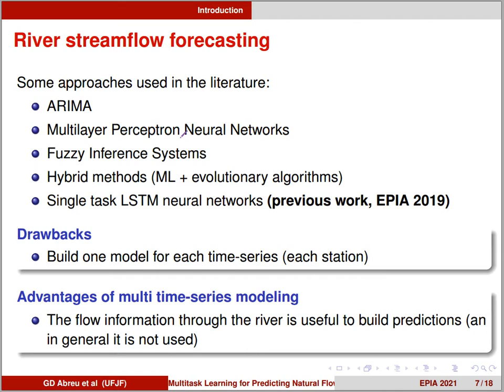Considering some data-driven models in the literature, there are ARIMA models, multi-layer neural networks, fuzzy systems, hybrid methods that combine machine learning and evolutionary algorithms, and also a type of neural network called long short-term memory neural networks, which we presented here at EPIA 2019.